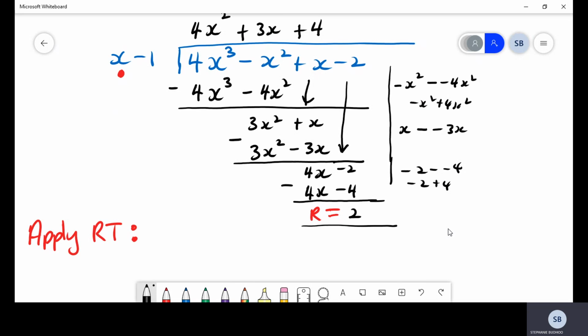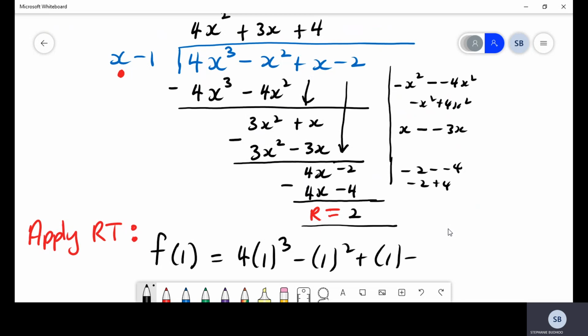So we simply need to find f of 1. Substituting 1 into our polynomial, we would get 4 by 1 cubed subtract 1 squared plus 1 subtract 2. If you plug this into your calculator, you should get 4 subtract 1, that's 3, plus 1, that's 4 subtract 2. You would get 2.